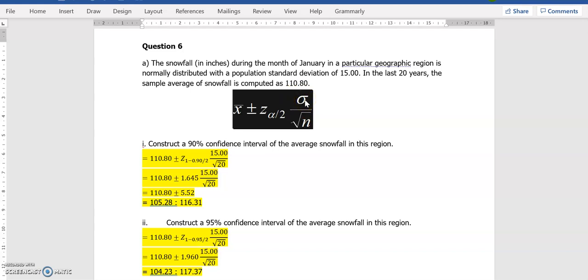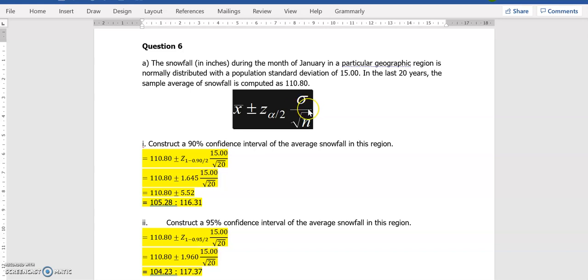Just as I mentioned in our previous session, when we try to determine the normal distribution based on a sample, then the standard deviation has to be divided by square root of the sample size in order to obtain the standard deviation for that particular normal distribution based on a sampling method.